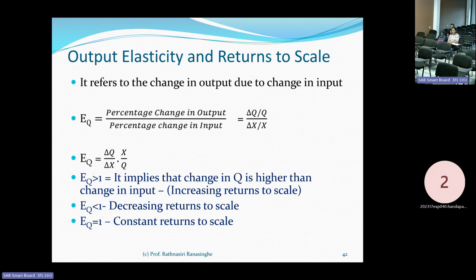That is delta Q over Q, the percentage delta Q divided by Q. And the percentage change in inputs, if we take both labor and capital as X, is delta X divided by X. Rearranging the equation, you can express it as delta Q over delta X into X over Q. Likewise, in price elasticity it is delta P over delta Q into P divided by Q. In other words, if we take the differentiating form, we can say dQ over dX.